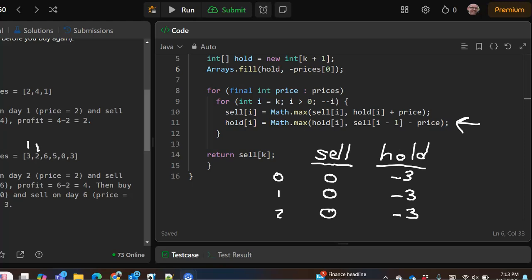All right, let's update the hold. This is in the case that we buy the stock today. We really can't buy the stock today in this case, but that would be our balance from the previous day minus the price of 2, which gives us negative 2. All right, let me update that.